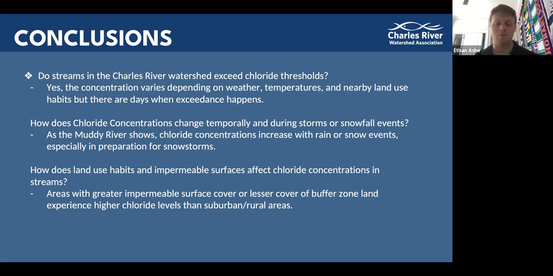How do land use habits and impervious surfaces affect chloride concentration in streams? The Muddy River is one of the locations that's very central to Boston. As the impervious surface cover increases, you experience higher chloride levels than you might see in other areas like the Bogastow River or the Stop River.